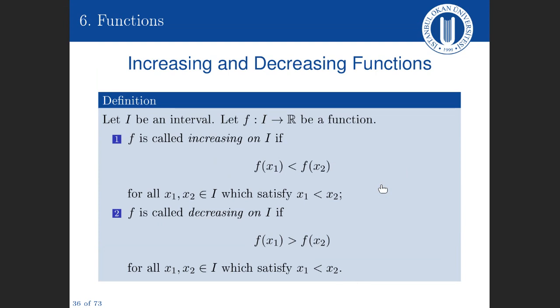Increasing and decreasing functions. Let I be an interval and let f be a function defined on the interval I. We say that f is increasing on this interval if we always have that f of x1 is strictly less than f of x2, for all points in the interval which satisfy that x1 is less than x2.